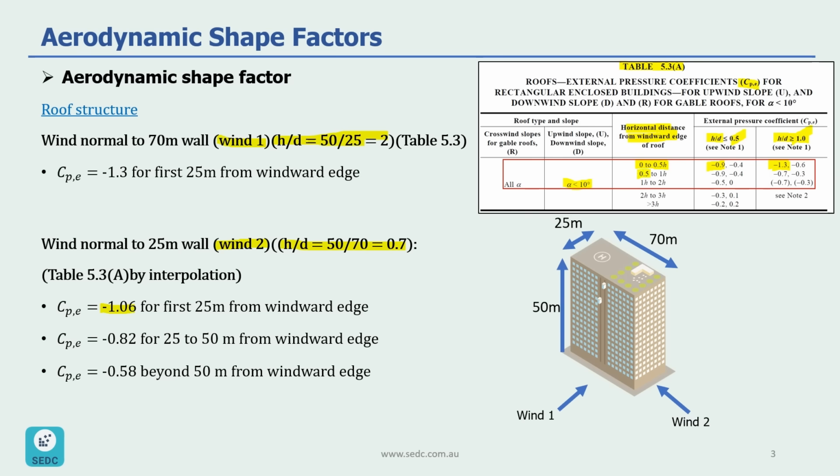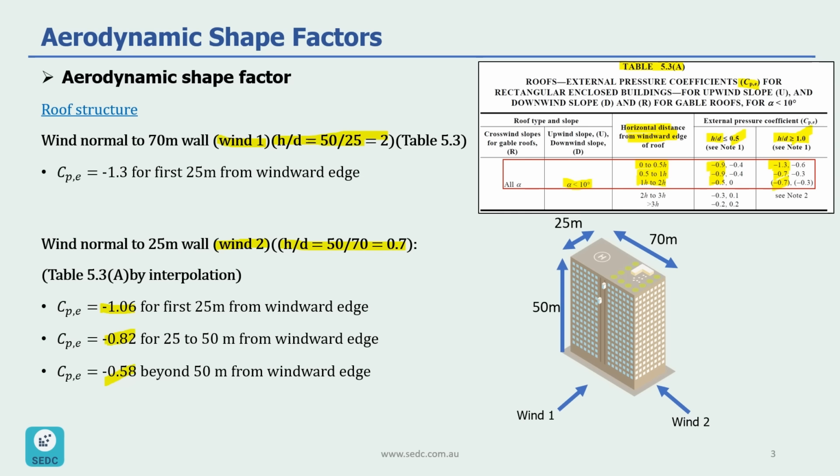Between 0.5 h to 1 h, which is 25 to 50 meters from the windward edge, we need to do interpolation between negative 0.9 and negative 0.7, which is going to be negative 0.82. And between 1h, which is 50, to the end of the wall, we need to do interpolation between negative 0.5 and negative 0.7, which is going to be negative 0.58.